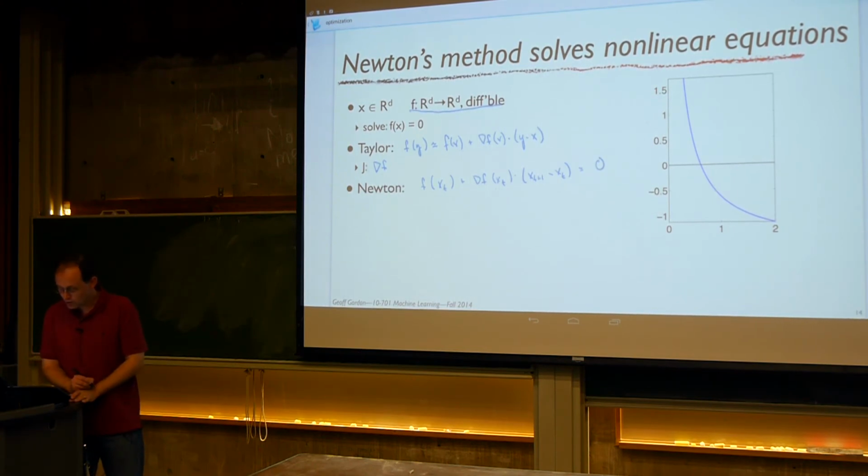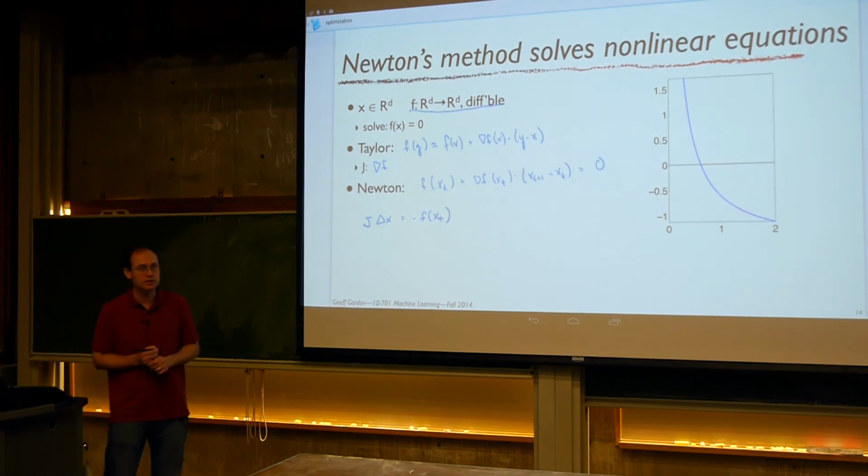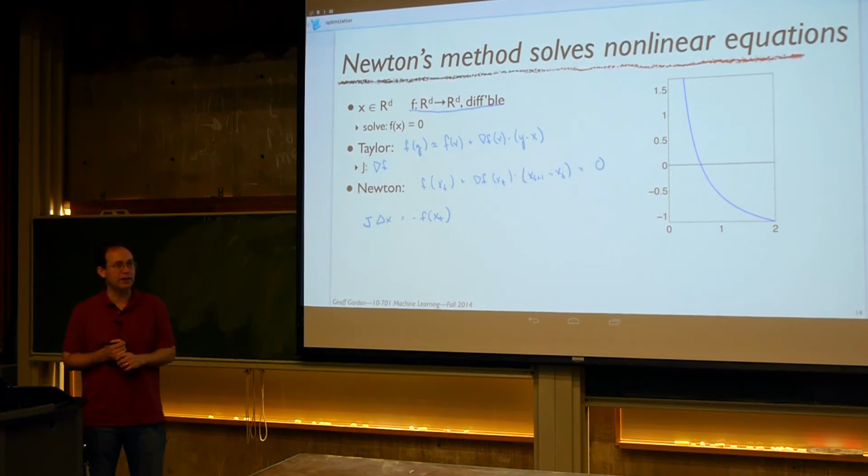And so if we want to solve that, I'll write J times delta x, where delta x is just x_{t+1} minus x_t, and that has to equal minus f of x_t, right? And so that's a linear system of equations, and we solve it for the update direction, delta x, right?